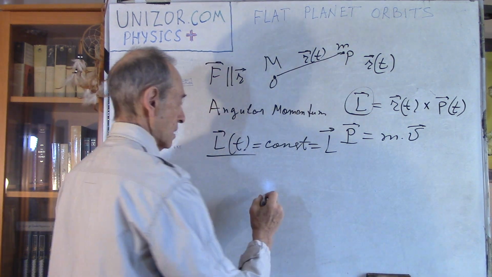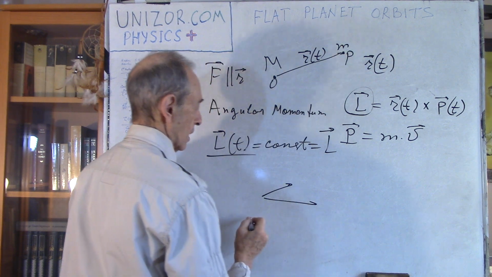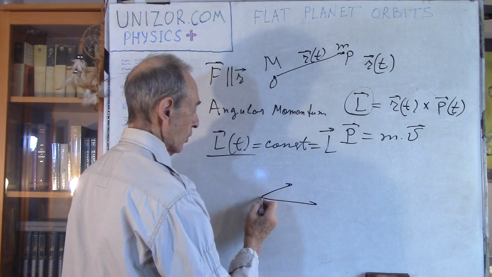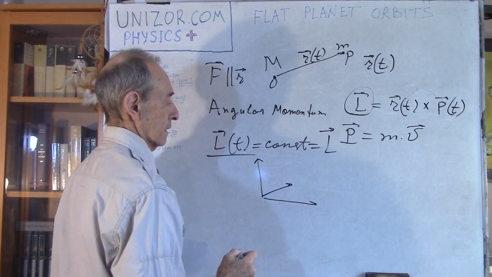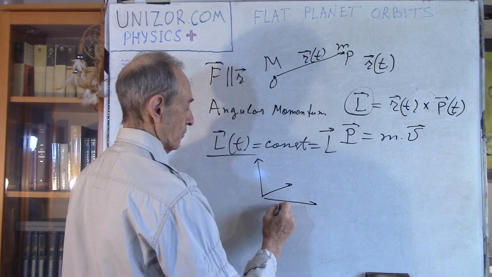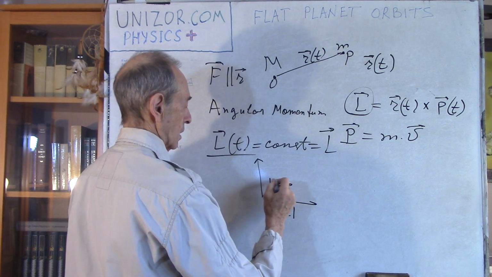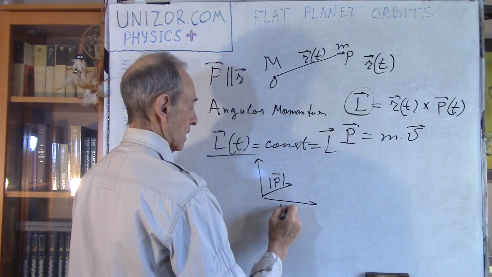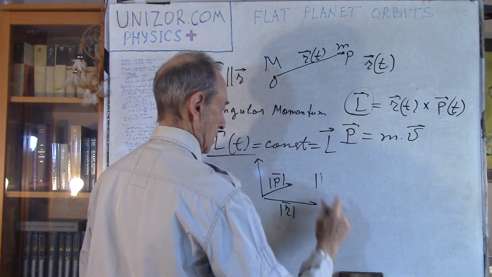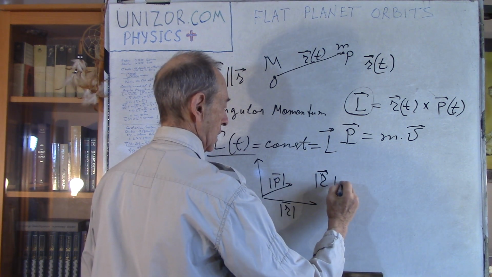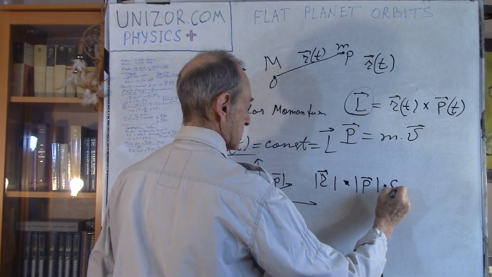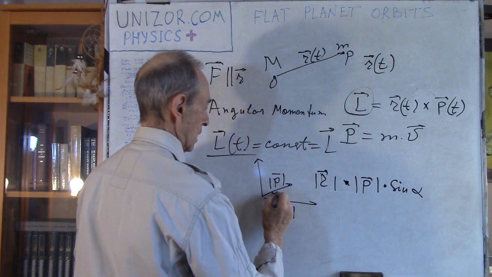If you have two vectors, then the vector product is the vector which is perpendicular to both of them, and its length is the multiplication of the lengths of these two, r times p times the sine of the angle alpha between them.